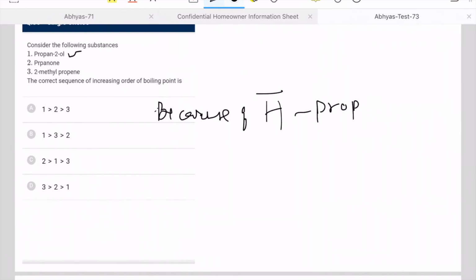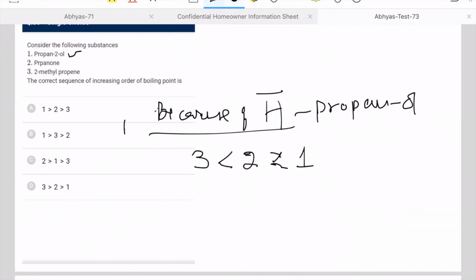So among 1, 2 and 3, 3 will be the least, next 2 will be higher, and the highest will be 1. So D is the correct option.